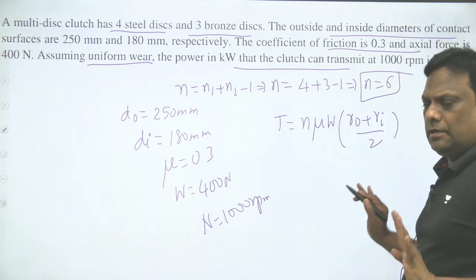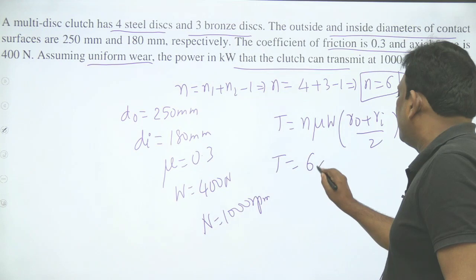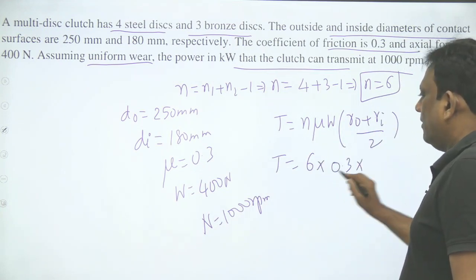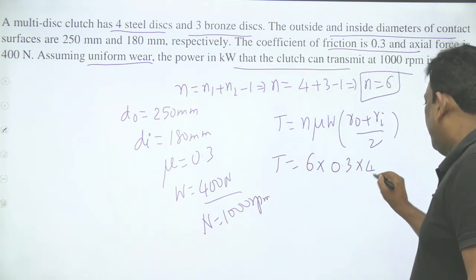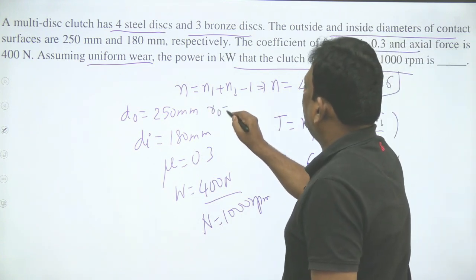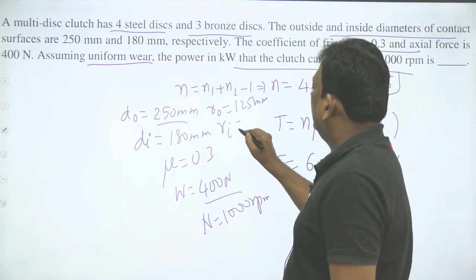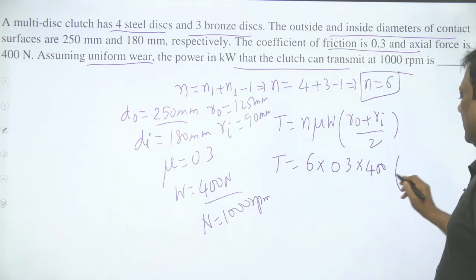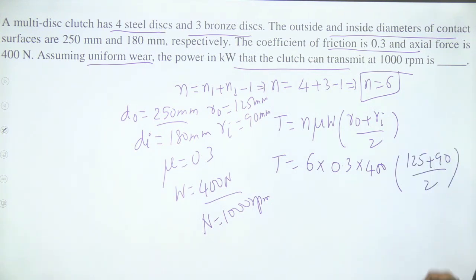So let's calculate torque in Newton meter. So torque is equal to, how many contacting surfaces are there? 6. What is the coefficient of friction given? 0.3. And the axial load that is required for engagement is 400. And please note down that RO is 125 mm because the diameter is given as 250 and RI is 180 by 2, 90 mm. Great. So therefore, you will get this as (125 plus 90) by 2, but you should be very cautious.